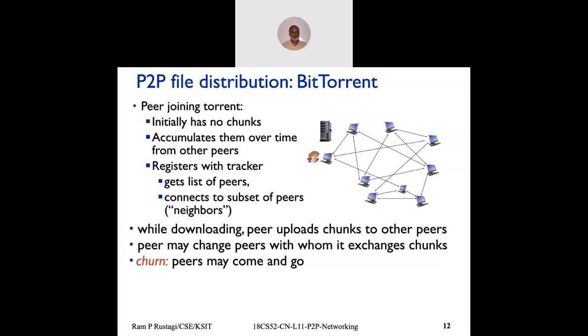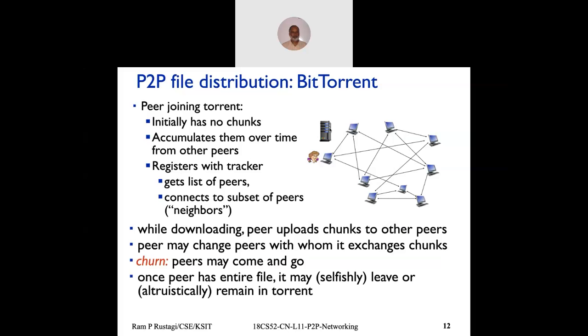If the tracker doesn't get updates from a given peer, it will assume that the peer has gone. Once a peer has got the entire file, it is up to the peer whether to remain in the group or get out of the group.